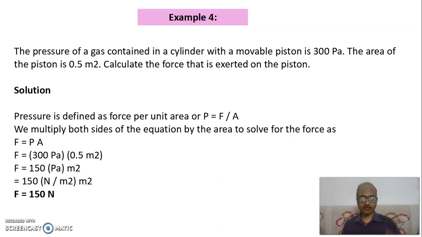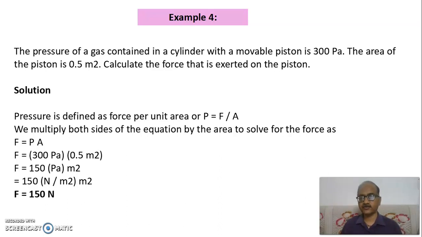So that is an example of a piston. You have seen cycle pistons also. They move up and down. In the same way, in vehicles also, two wheelers, four wheelers, there are pistons which make the engine move. So there is a movable piston, and it is given that the pressure is 300 pascals.